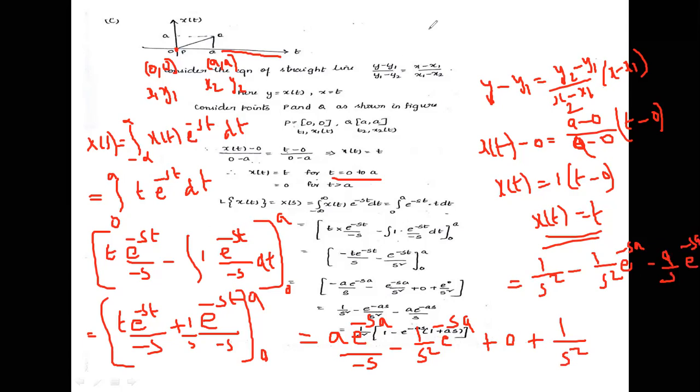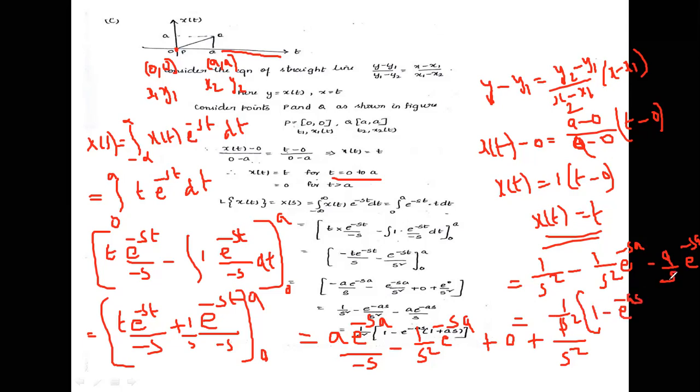The final answer we got is 1 by s square, 1 by s square into e power minus sa, minus a by s. Take the common 1 by s square: 1 minus e power minus as.